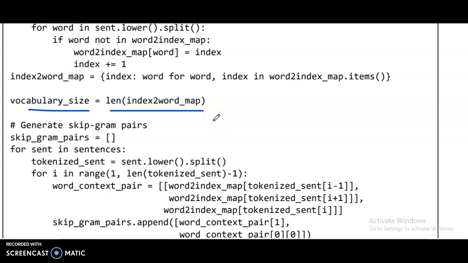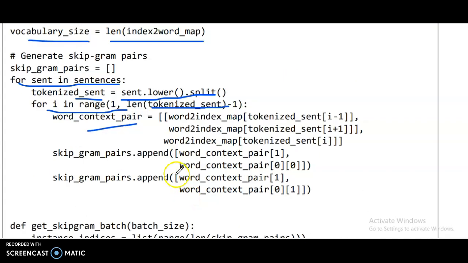Generate skip-gram pairs. skip_gram_pairs = []; for sent in sentences: tokenized_sent = sent.lower().split(); for i in range(1, len(tokenized_sent) - 1): word_context_pair = [[word_to_index_map[tokenized_sent[i-1]], word_to_index_map[tokenized_sent[i+1]]], word_to_index_map[tokenized_sent[i]]].